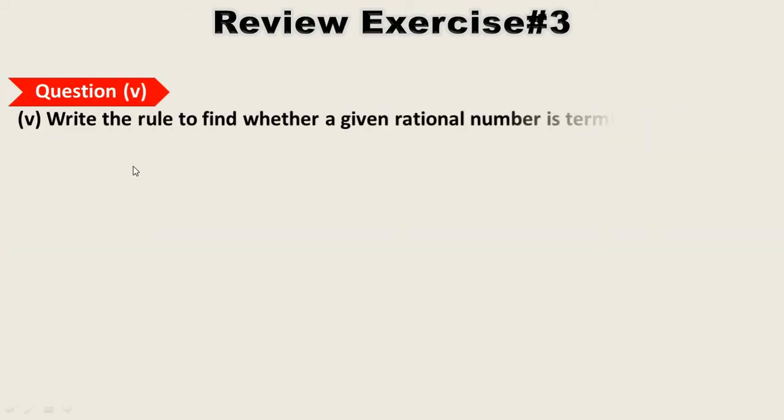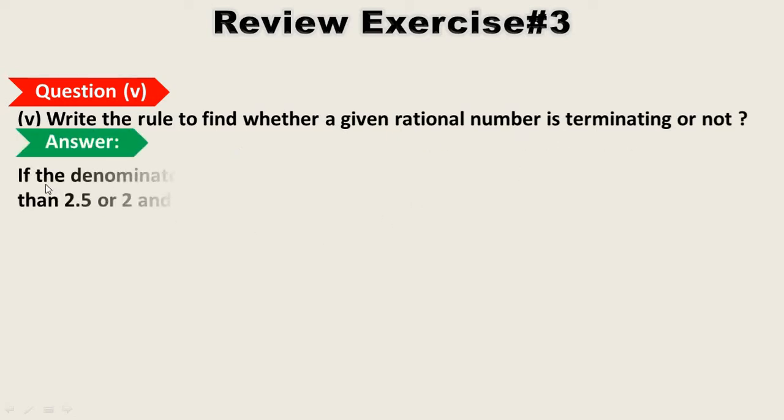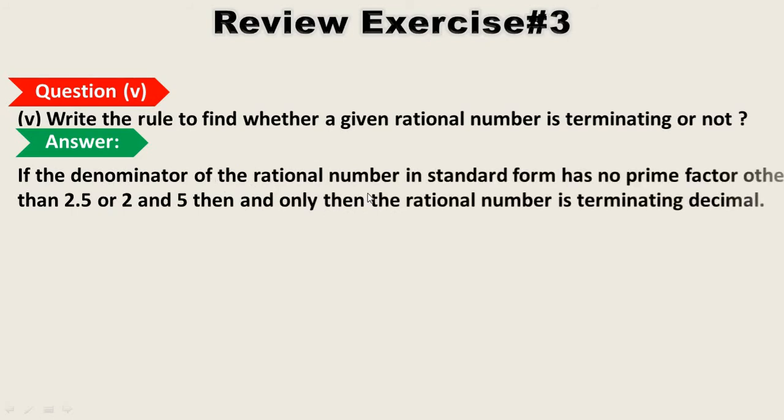Part number 5 is write the rule to find whether a given rational number is terminating or not. Its answer is if the denominator of the rational number in standard form has no prime factor other than 2 or 5, then and only then the rational number is a terminating decimal.